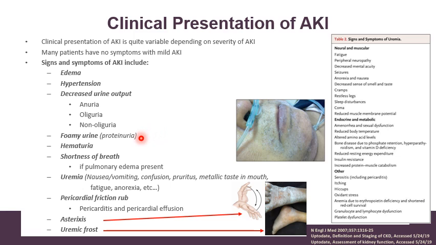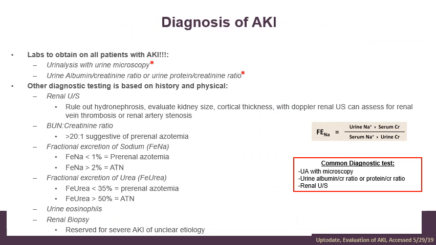They can have foamy urine, they can have blood in the urine, which is gross, that they can see. They can be short of breath if they have pulmonary edema from volume overload. They can have uremia, which could be signs would be a pericardial friction rub, asterixis, or uremic frost. Here are more symptoms. This is uremic frost.